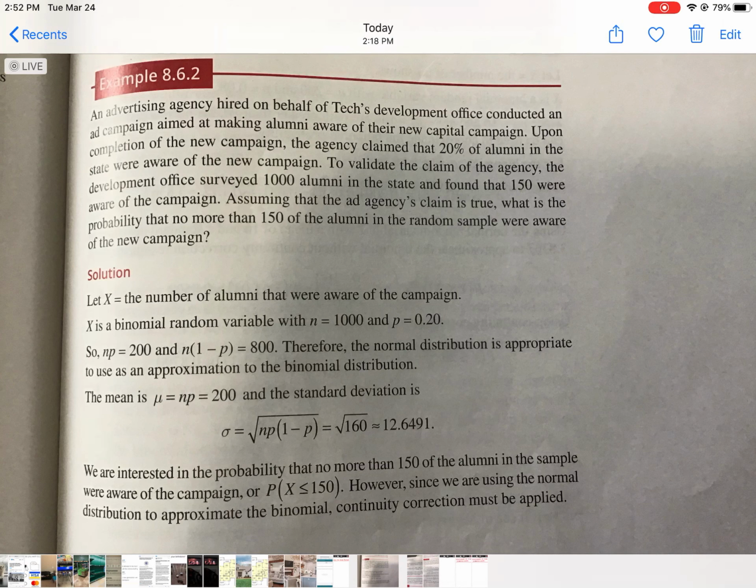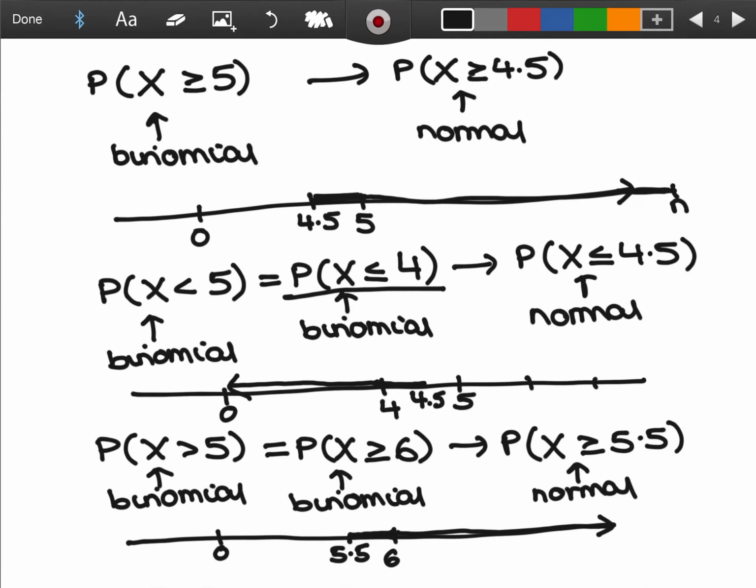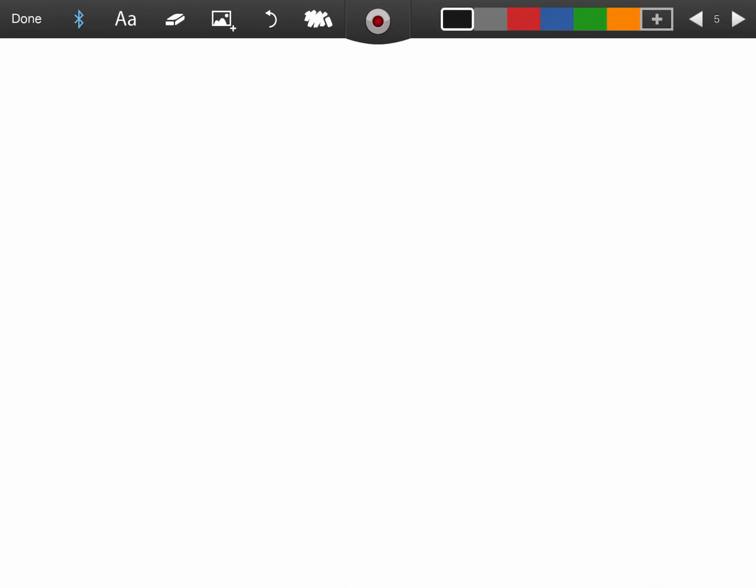So we want, in this case, the probability that X is less than or equal to 150. Now they told us that n, the number of trials, the number of people, was 1,000.